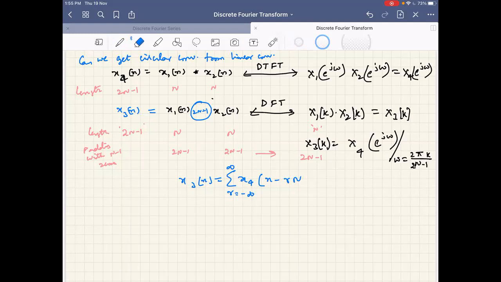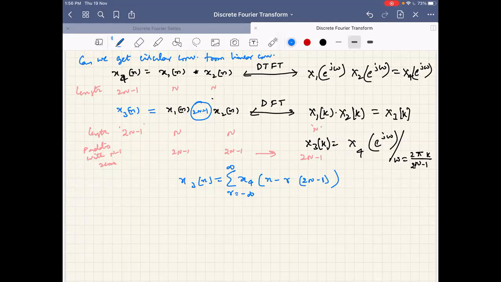This n is what we sample with, that is equal to 2n-1. You can consider this as n dash if you want, then 2n-1. So what will happen? What is the length of sequence x4? The length of the sequence is 2n-1, and hence there will not be any time domain aliasing.